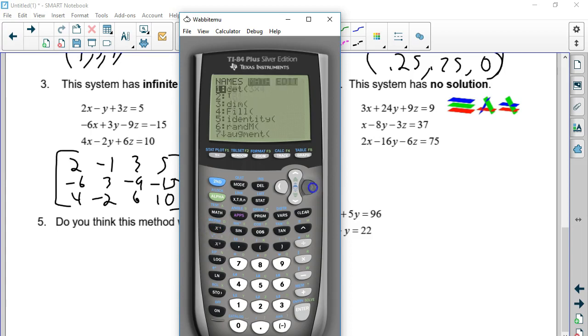matrix, edit. It's still 3 by 4. I'm good to go. So I put my numbers in. 2, -1, 3, 5, -6, 3, -9, -15, 4, -2, 6, and 10.